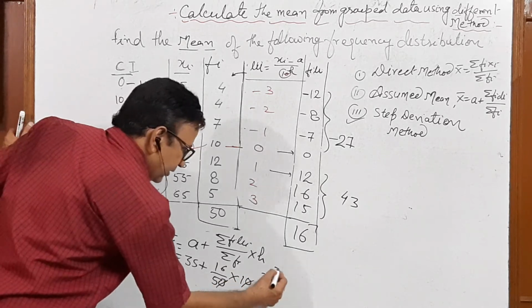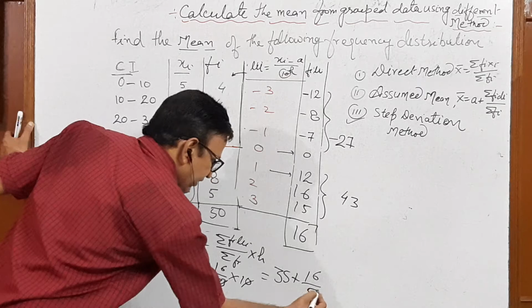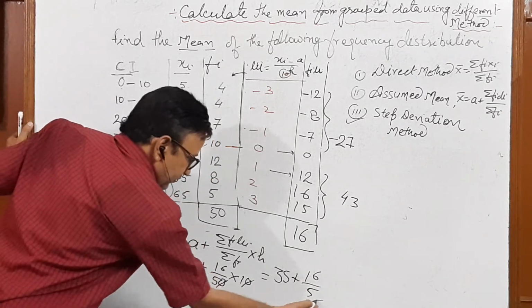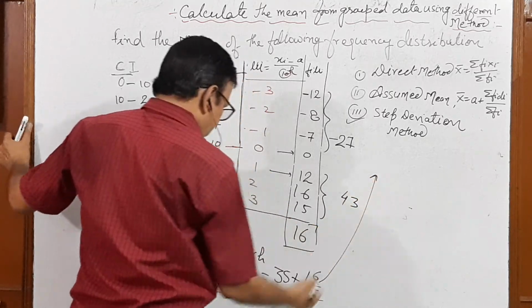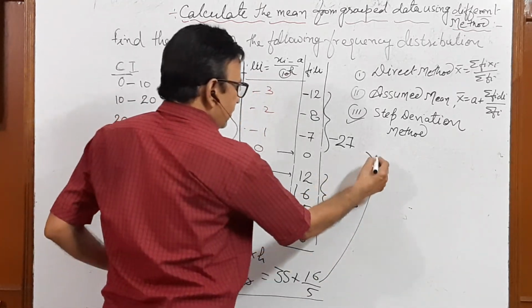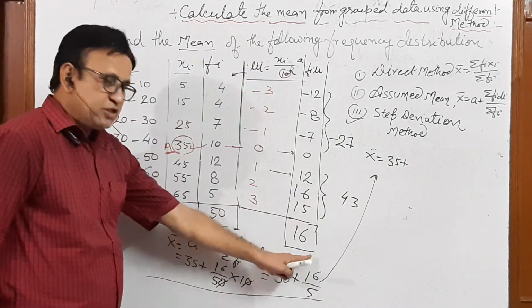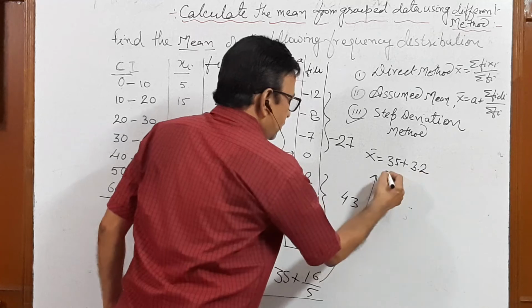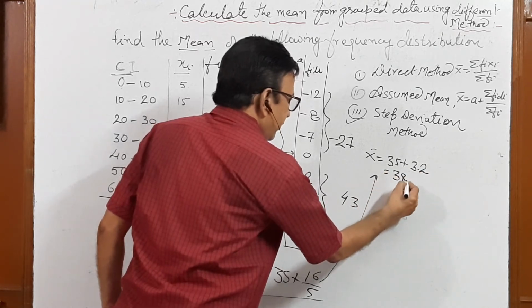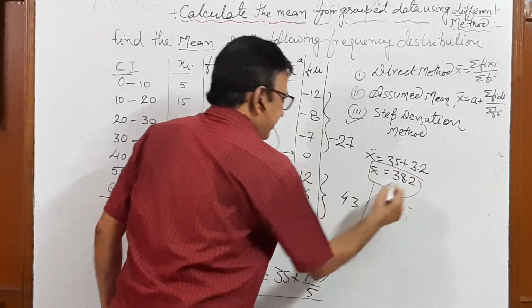So finally we get 35 plus 16 upon 5. So I can write x bar equals 35 plus 16 upon 5, that is 3.2. So the answer is 38.2, the mean of the grouped data.